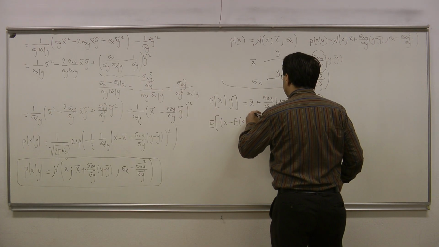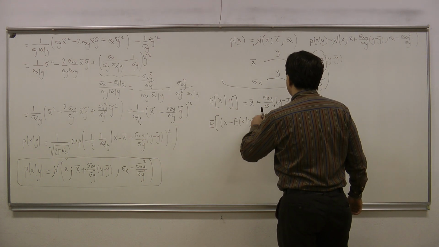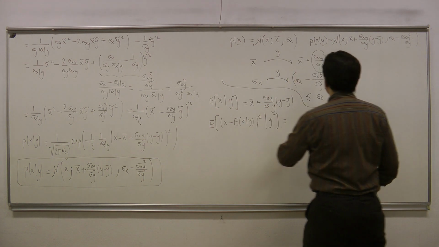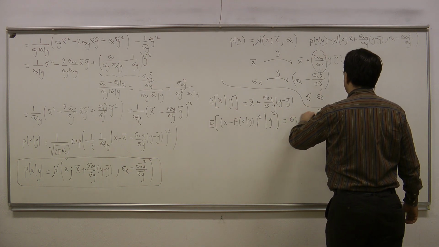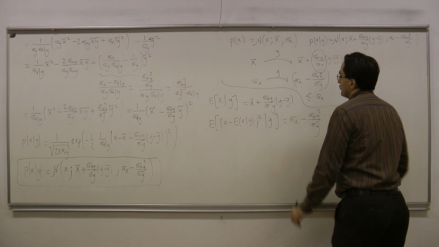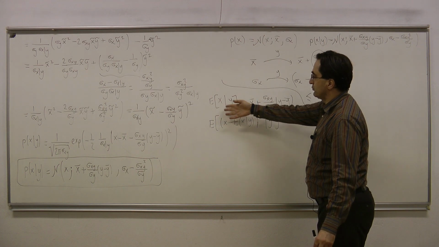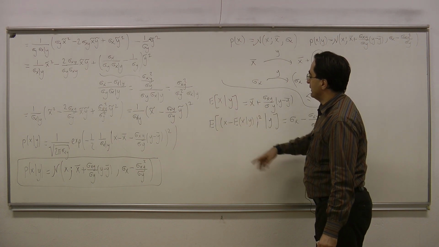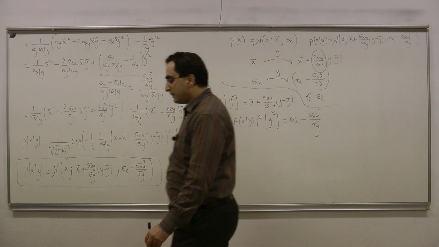So I would have here the expected value of x given y equal to this, and the variance equal to sigma x minus sigma xy squared over sigma y. Okay? So these are called the posterior mean, posterior because it is obtained after we measure y, and this is called the posterior variance.